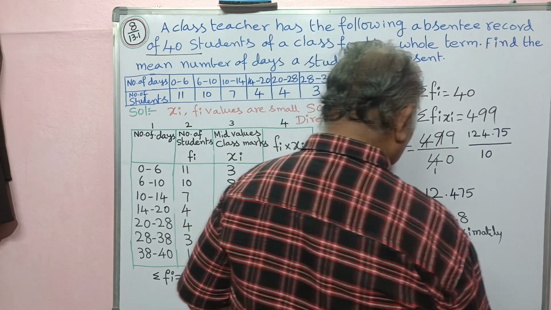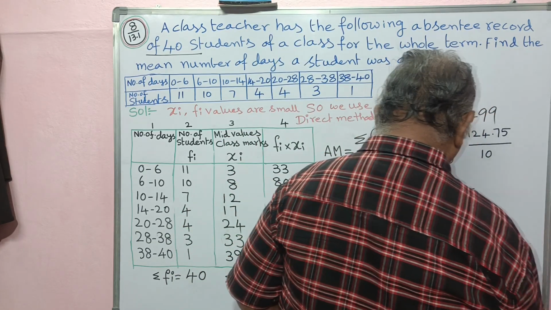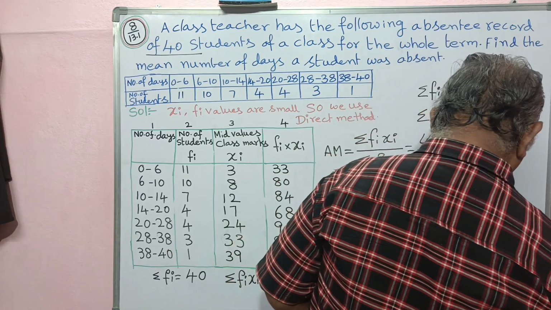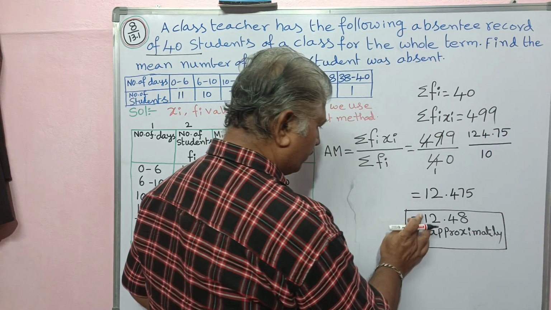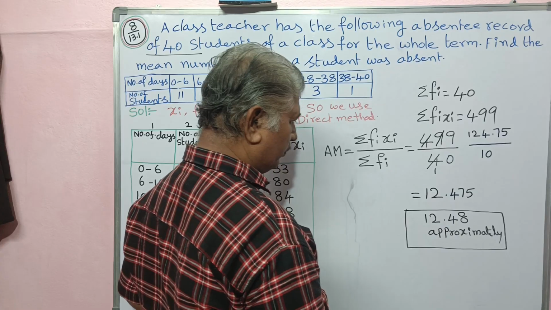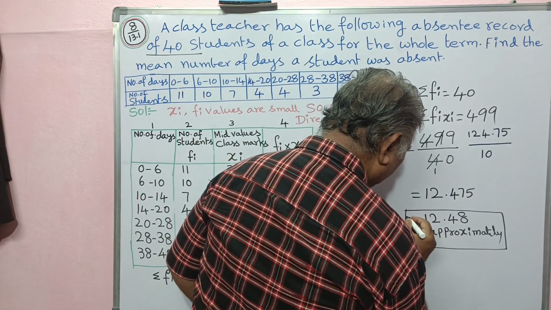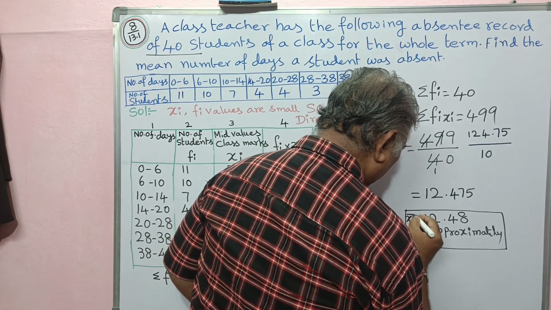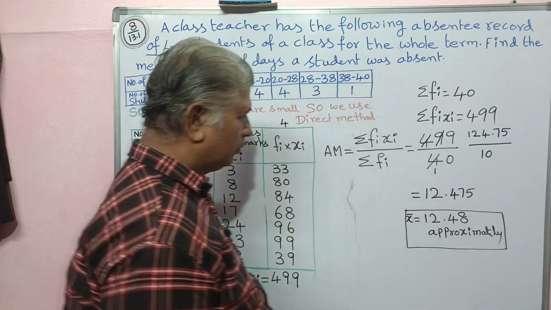Approximately, this is the answer. X bar is equal to 12.48.